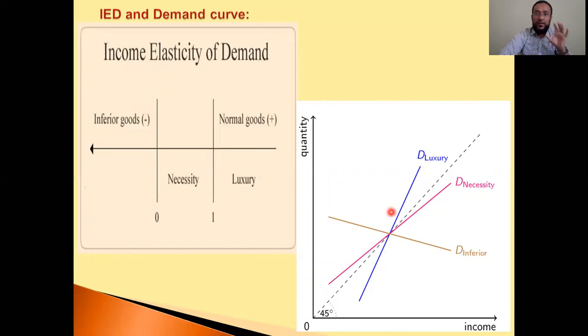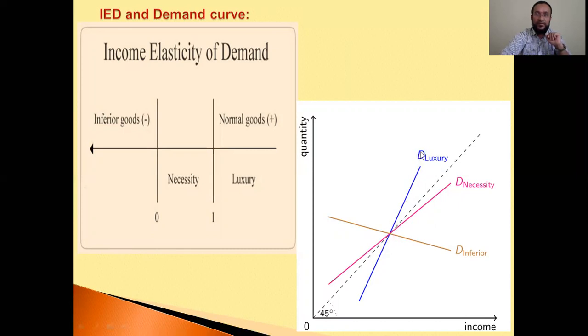Now look at this diagram. Depending on the income elasticity of demand, we can show different shapes of the demand curve. Normally the demand curve is downward sloping, right? But see here, this is an unusual shape of the demand curve, positively sloped like the supply curve. Here we are showing three different demand curves for three different types of product. For luxurious goods, the value of elasticity is more than 1. That is why this demand curve is like the inelastic supply curve.